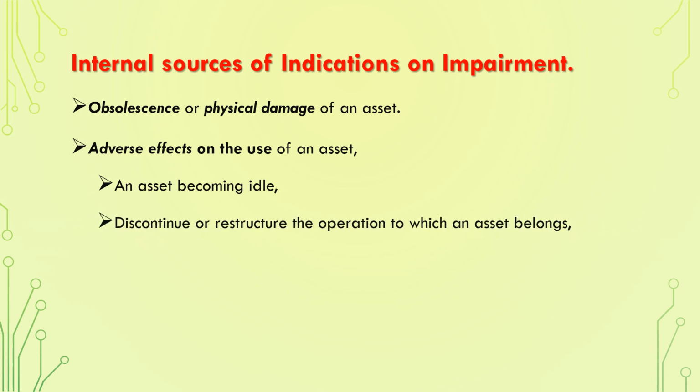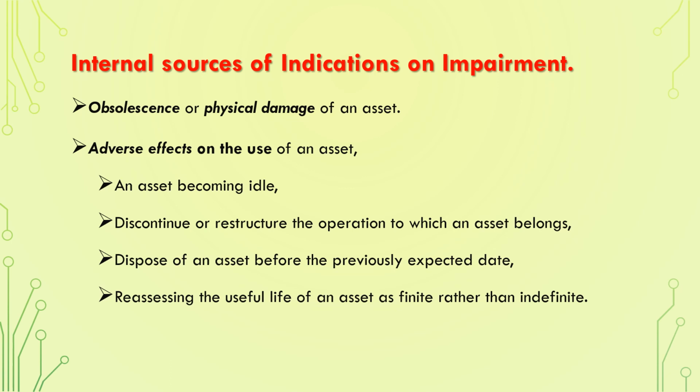Then they may plan to discontinue or restructure the operations to which an asset belongs, or they may plan to dispose of an asset before the previously expected date, and they may reassess the useful life of an asset as finite rather than indefinite.